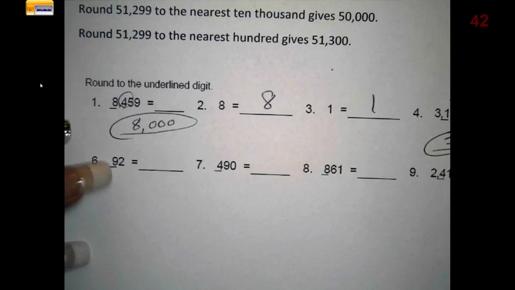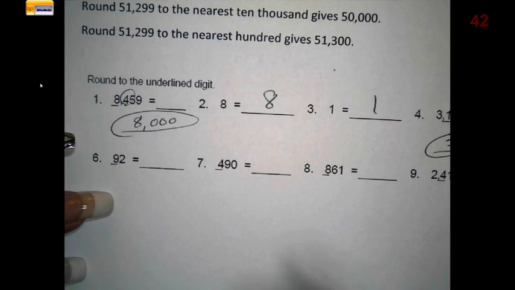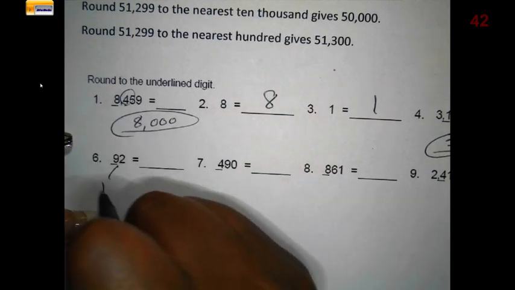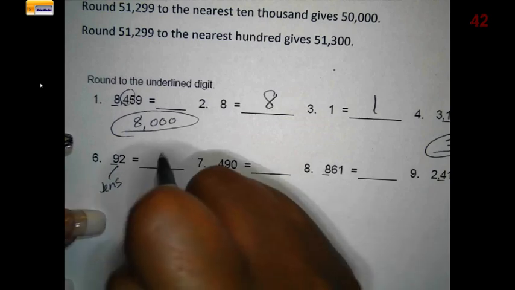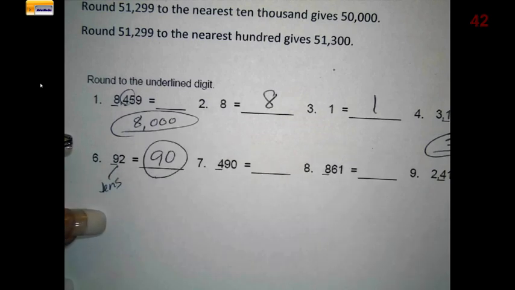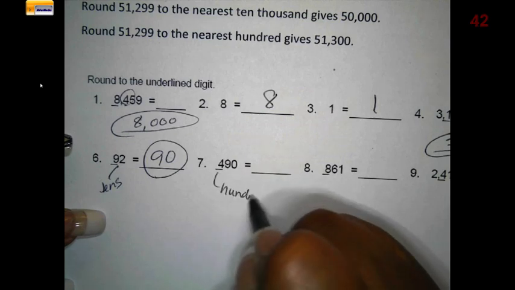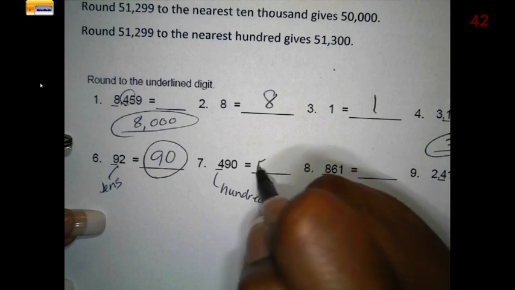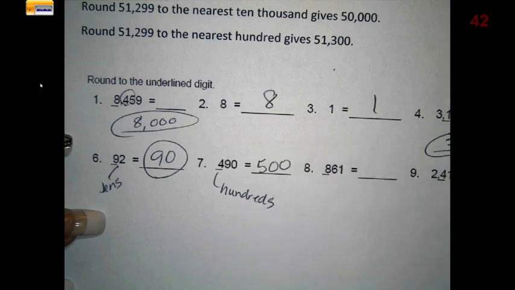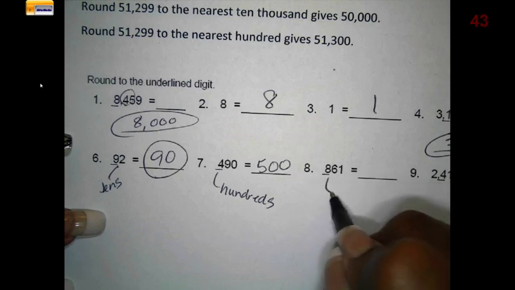Okay, number 6, what am I going to round to? The tens. Okay, so it'll be 90. Okay, what about number 7? The hundreds. So what would that give me? 500, because right next door is a 9. Okay, what about 8? What am I rounding to?